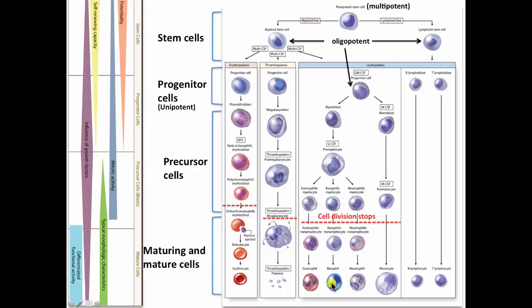I'm not going to ask you to identify the eosinophils or basophils, monocytes, and I'm not even going to ask you to identify any of the precursor cells giving rise to megakaryocytes, but I will ask you to identify megakaryocytes, obviously. And I'm not going to ask you to identify any of the precursor cells in the lymphocyte cell line.